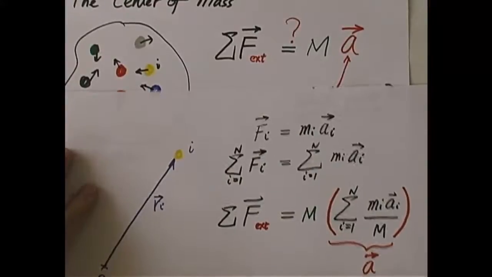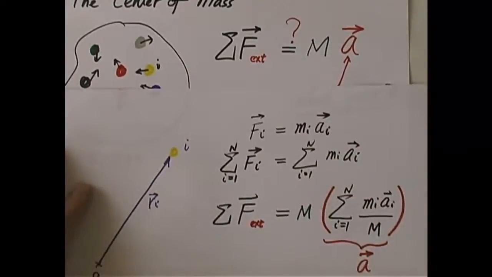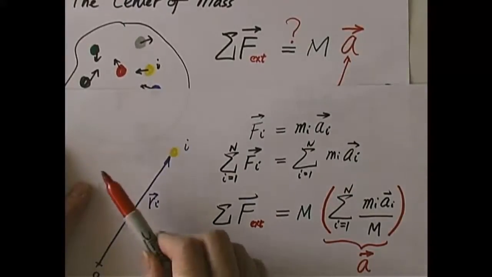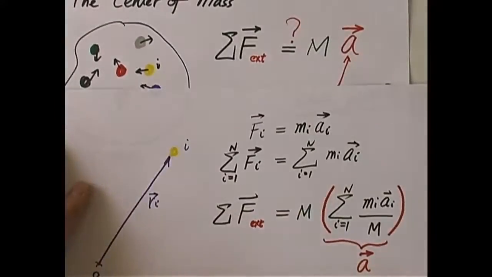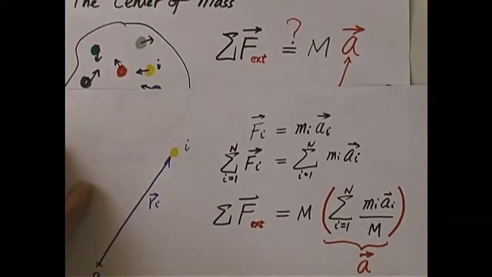I have succeeded in getting what I wanted, except that this acceleration is not the acceleration of any point necessarily. It's not the acceleration of object 1, 2, 3, 4 necessarily. Rather, it is some sort of combination. In order to find this acceleration, you must do some sort of summation over all the particles within the system.